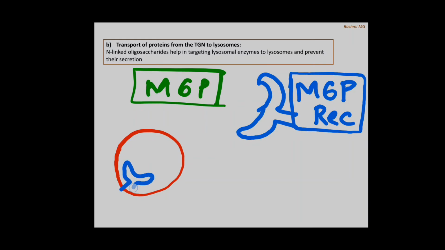It contains this M6P receptor. Okay. That M6P receptor is bound to what? The M6P receptor is bound to the M6P oligosaccharide of the protein or enzyme, you can say. So these will bind to each other.